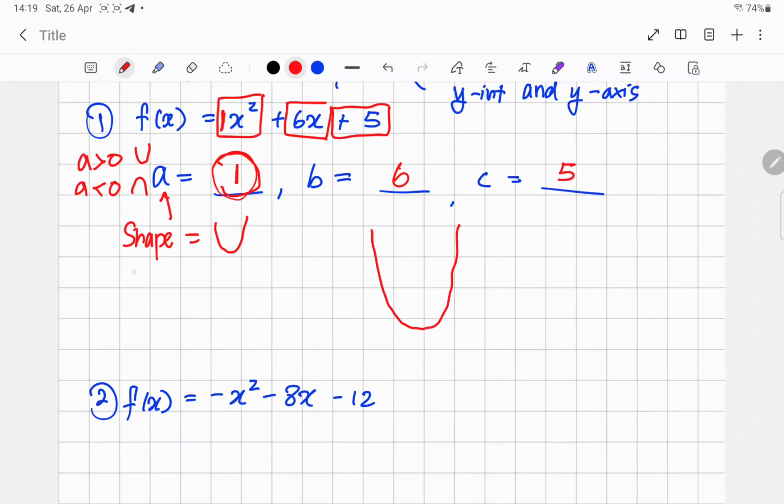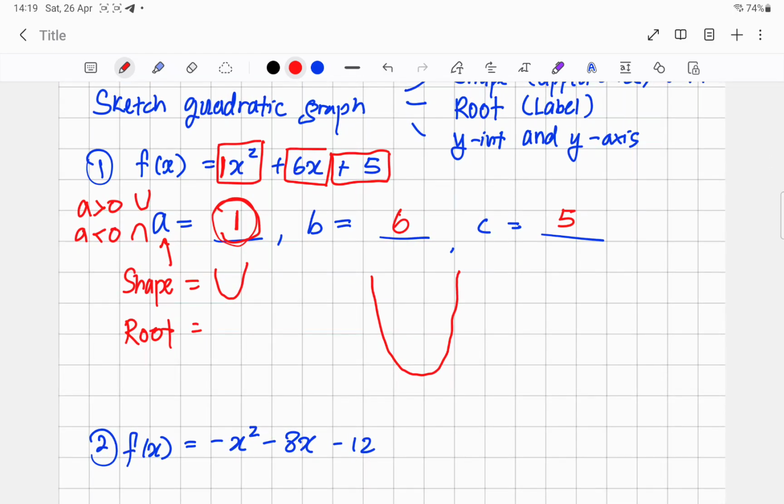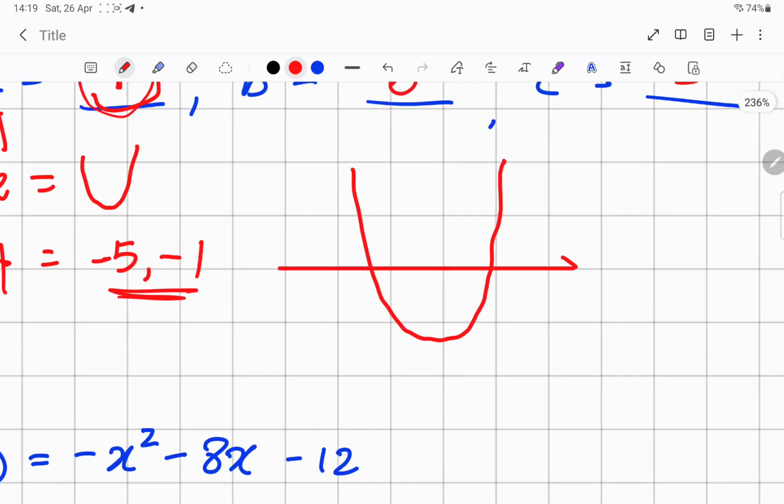The next thing, the root: you need to press your calculator, as I told you in the previous video. You get the roots for this one, -5 and -1. The root is the point where the graph intersects with the x-axis.